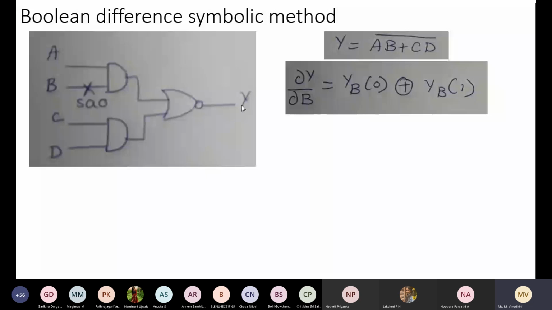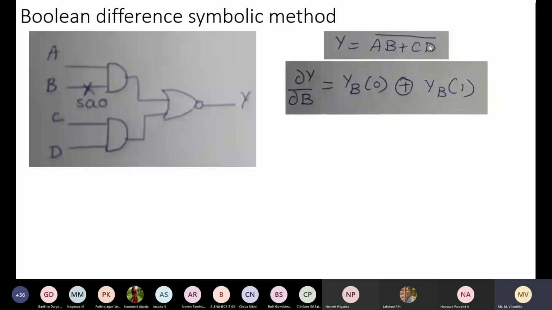and the numerator variable is nothing but your output variable. Next we have to substitute in the Boolean expression which we got for Y the fault variable as 0 and 1. That is, Y(B=0) means in the Boolean expression for Y we substitute B as 0, and Y(B=1) means we substitute B as 1.